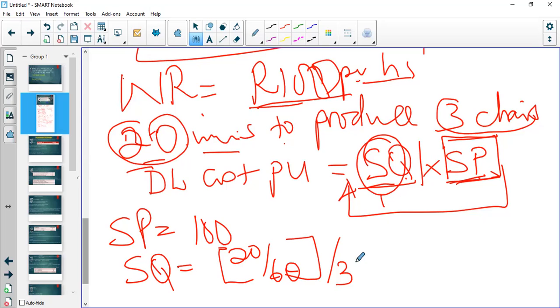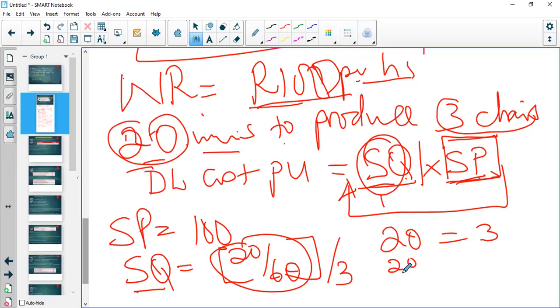Because we need the standard quantity per unit, but this is the standard quantity per 3 units. 20 minutes is the standard quantity for 3 units. So the standard quantity for 1 is going to be 20 over 3 minutes. Then you divide that by 60.